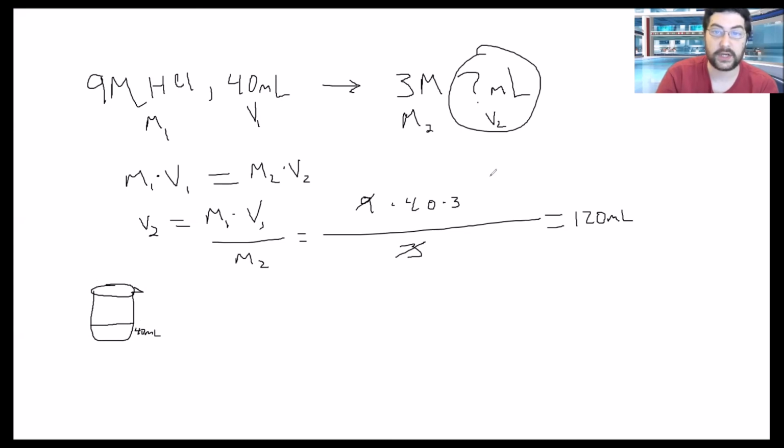And we just figured out that we could make 120 milliliters, and that's this new line up here. So the second part of this question is, how many milliliters of distilled water would we need to add to the original acid in order to get it diluted to the proper concentration?